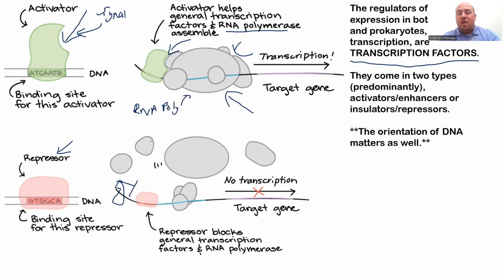So you get this like constant barrage of RNA polymerase that's binding to that promoter because of the presence of the activator.